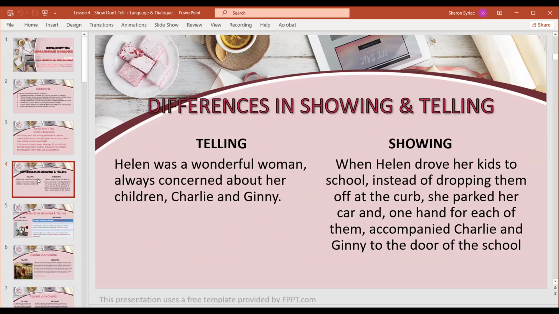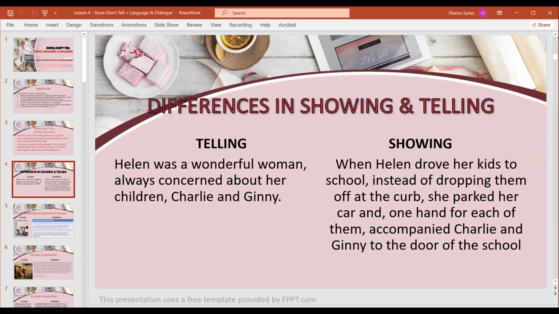For example, if you're writing and you write something like Helen was a wonderful woman, always concerned about her children, Charlie and Guinea, you are telling your audience something that is very boring. However, if you were to write instead, when Helen drove her kids to school, instead of dropping them off at the curb, she parked her car, and one hand for each of them, she accompanied Charlie and Guinea to the door of the school.